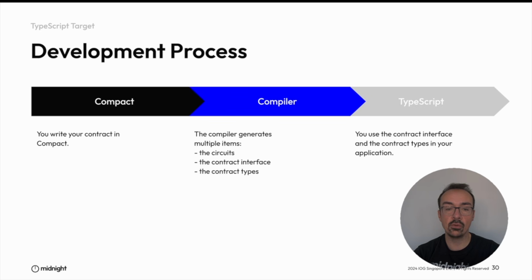It's also going to create the contract interface. So the contract interface is a JavaScript file that you are going to use to interact with the contract, and you are also going to receive some types, so the types that are used in the contract and that are going to be available for you to interact with that contract. And then after you receive all those files, you are going to start writing your application in TypeScript, and you use the contract interface and the types in your application.